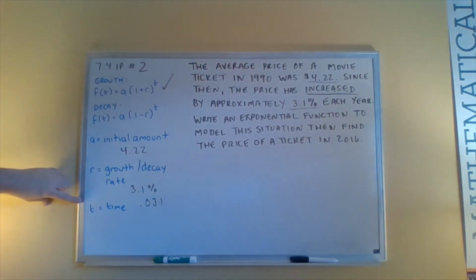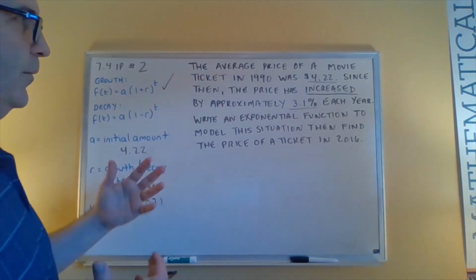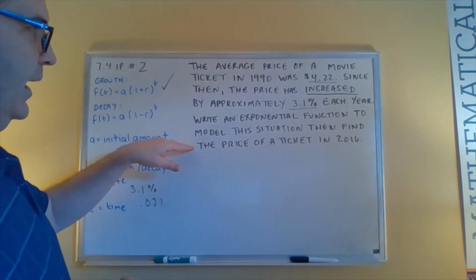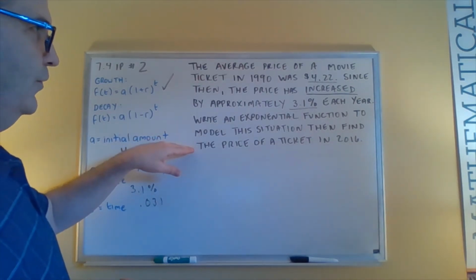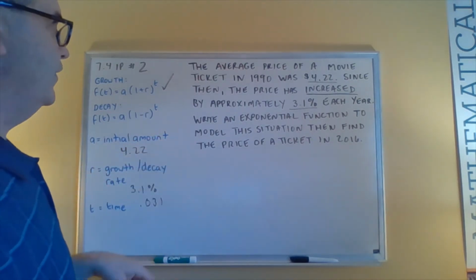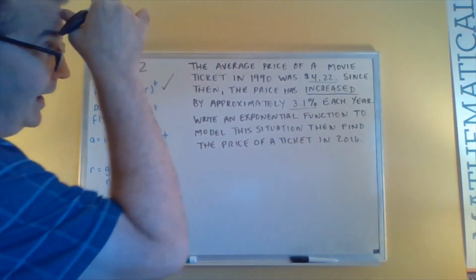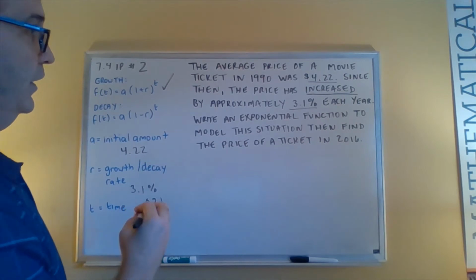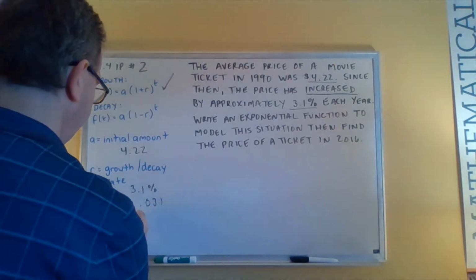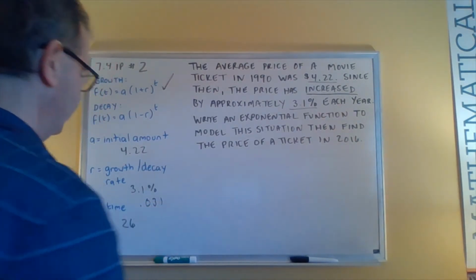And then finally, time. When we're doing the model function, time is going to remain t, but we're going to be asked at the end to find the price of the ticket in 2016. So t is going to equal 2016 minus 1990, so we're looking at a gap of 26 years there. So t will equal 26.